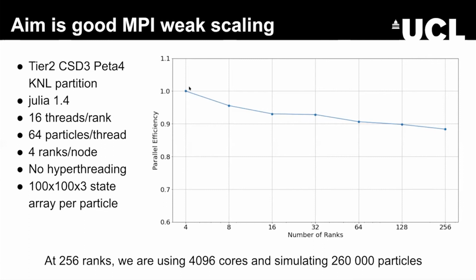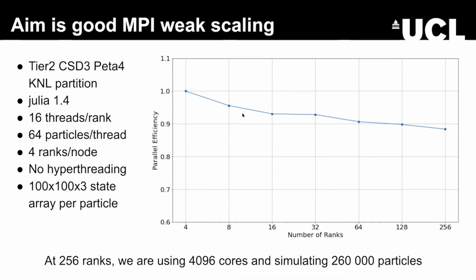And this plot is showing the parallel efficiency: how much performance you're losing compared to how well the work that you're giving on a single process would run if you only had that single process.